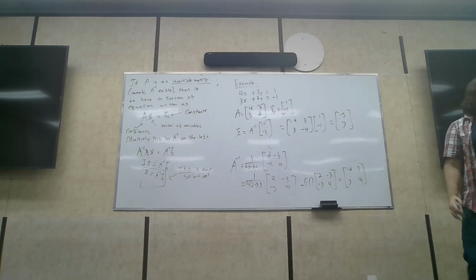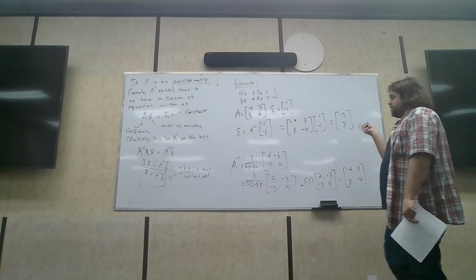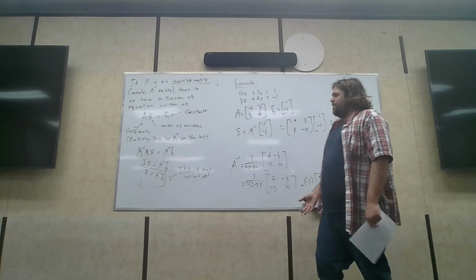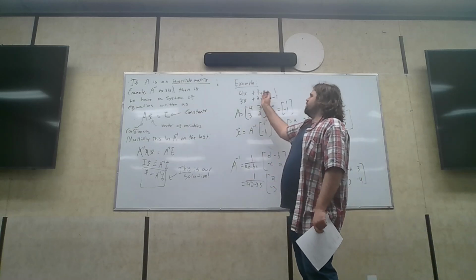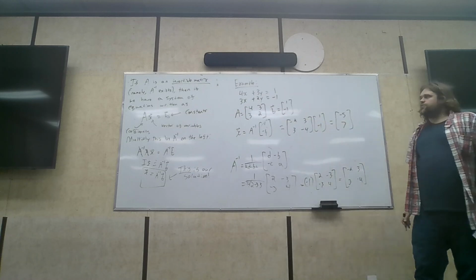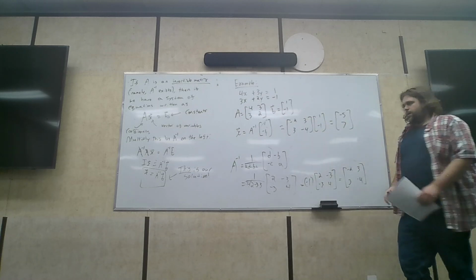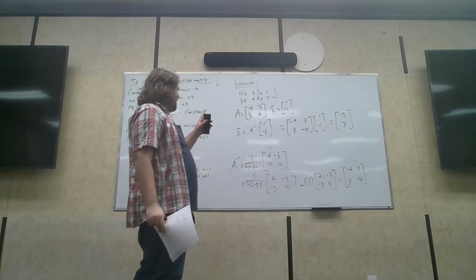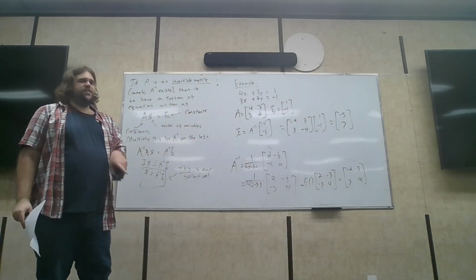Bam, there we go. There's a solution, right? The reason this is nice, again, is that it's just a formula. You just plug it in. We basically have given a formula for solving 2 equations with 2 variables. There's just a formula for it now. Downsides for this: inverses are only defined for square matrices.